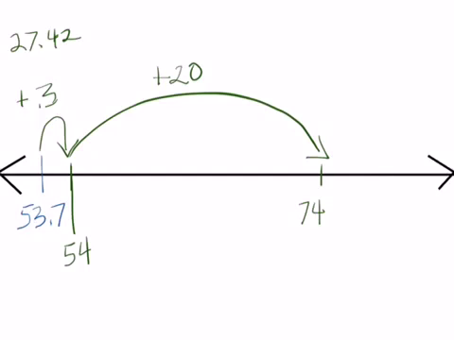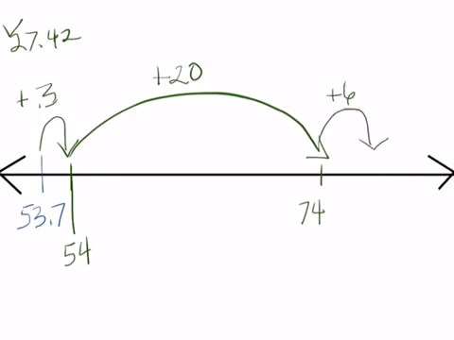Now I've already started chipping away at these tenths, but I've done my 20 up there. I could add 7. 74 plus 7. That's hard for me. Oh, what about 74 plus 6 and then plus 1 to make 7? That's more doable.